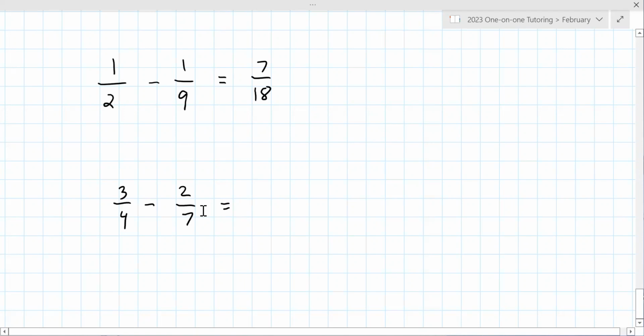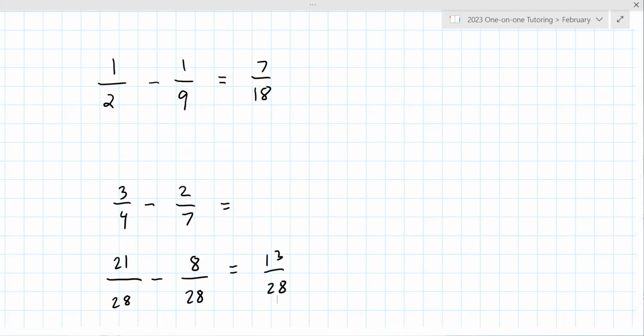What's your answer? 13/28. Okay, so let me just check that here. So it's definitely 28 on the bottom, 21, and then 28, and you're subtracting 8. So yeah, it becomes 13/28. Very good.